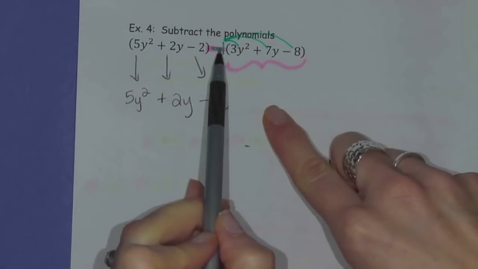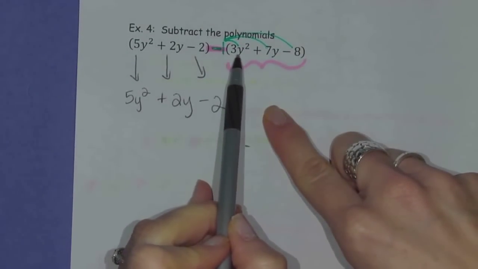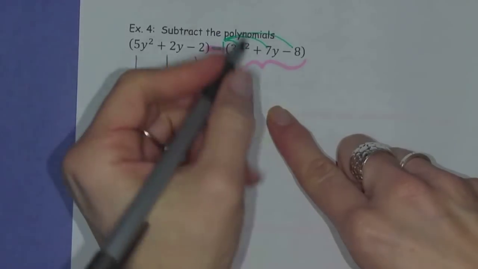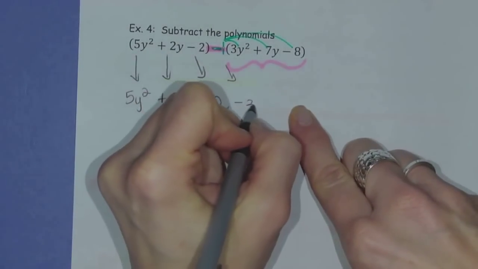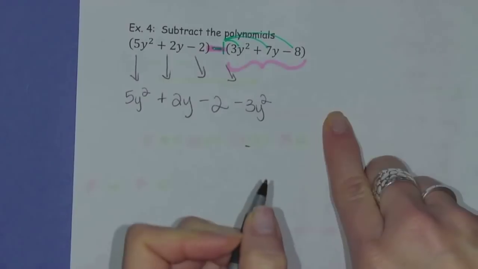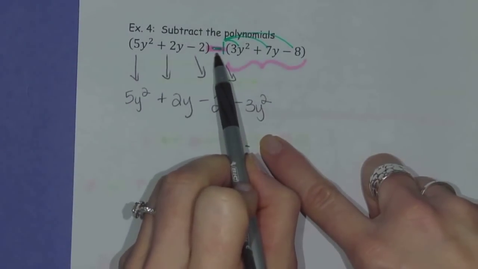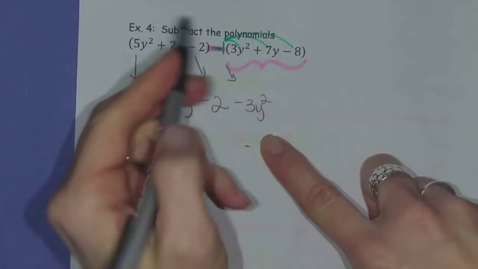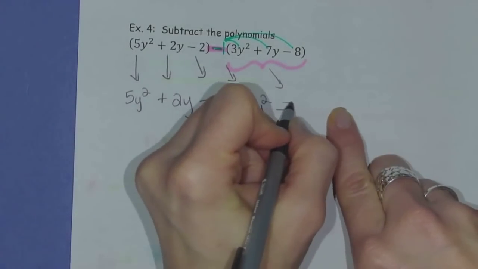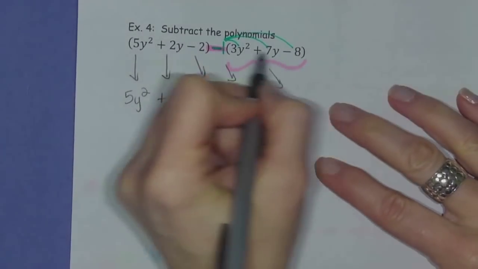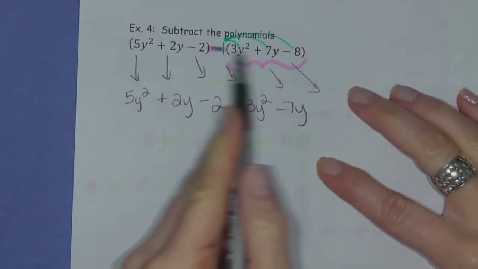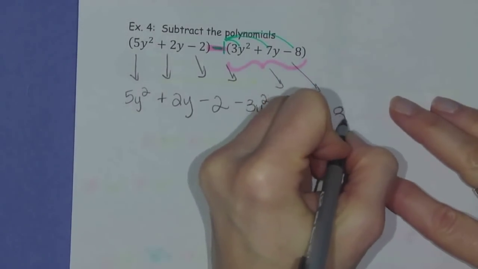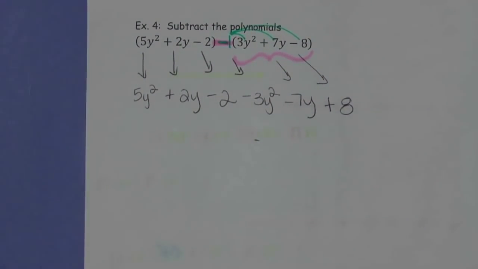Now, negative 1 times 3y squared is negative 3y squared. Negative 1 times 7y is negative 7y. And negative 1 times negative 8 is positive 8. And once you do that, you're home free.